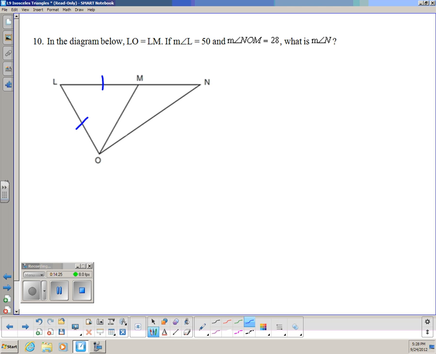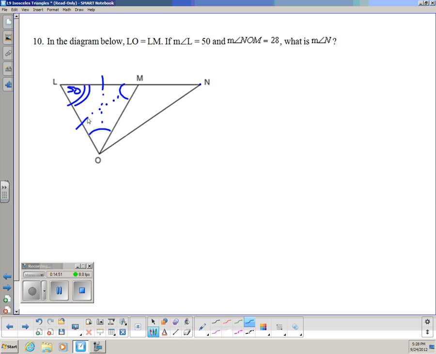So right off the bat, I'm going to label this triangle, march across, and find the congruent angles. And there they are. They told us angle L was 50. Well, angle L lives in that isosceles triangle. And they also tell us angle NOM is 28.